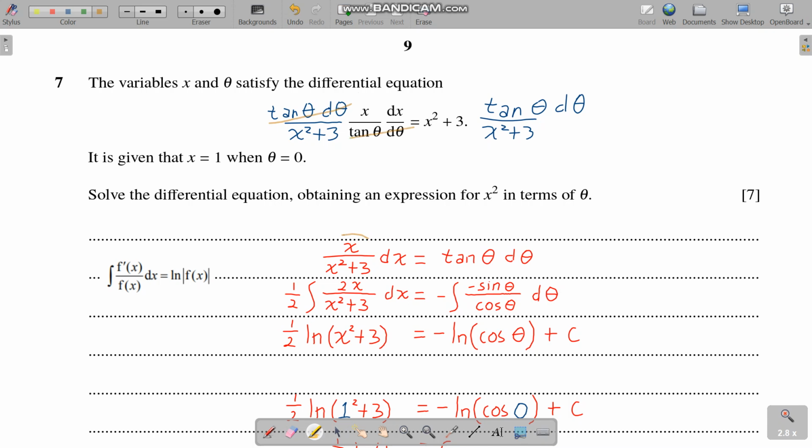So on the left we have only x over x squared plus 3 dx, and on the right, to cancel out, we have only tangent theta d theta.